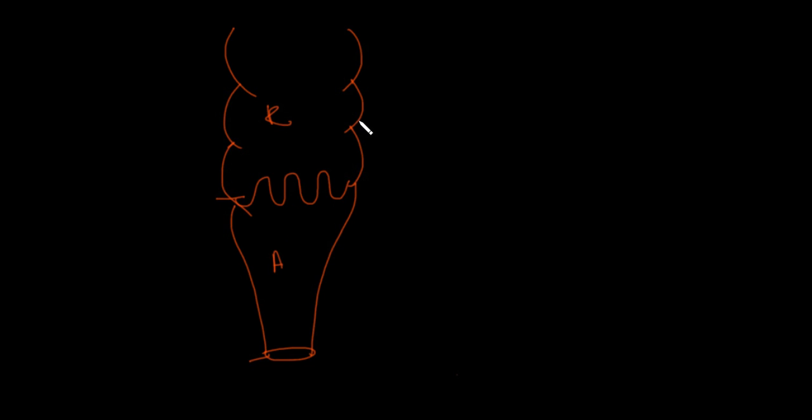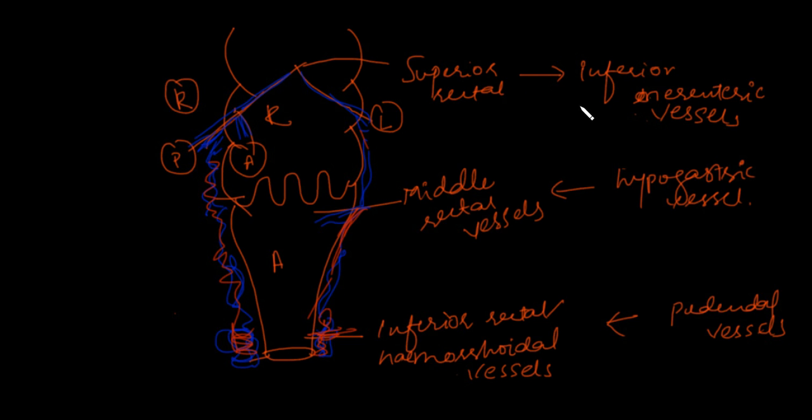But first of all, listen to the point of why it is at 3, 7 and 11 o'clock positions. The superior rectal vessels are branches of the inferior mesenteric vessels, and the superior rectal artery divides into anterior and posterior branches on the right side and a single branch on the left side.